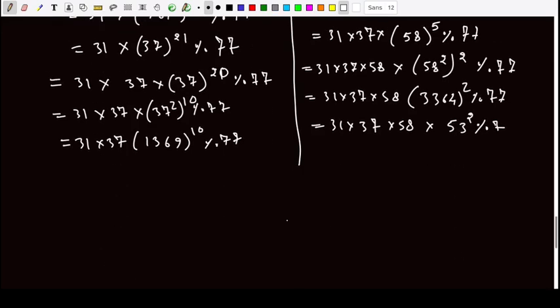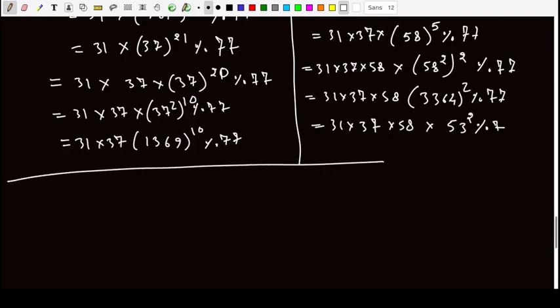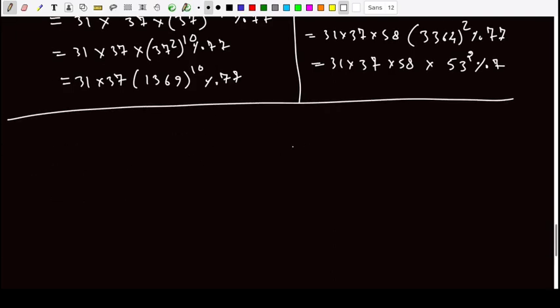Okay, let me go down. Let me draw a little bit straighter so that I have enough space. Let me scroll a little bit up. Now this is equal to 31, 37, 58 into 53 whole square. 53 whole square is 2809, modulo 77.